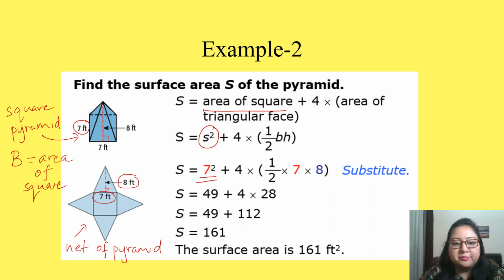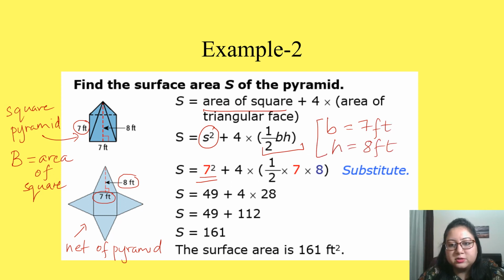Again, these are four congruent triangles. So you are going to multiply the area of one triangle, which is half base times height, by 4 to get the lateral area. Let's substitute. B, which is the base, is 7 feet long. H, which is the height of the triangle, is 8 feet long.